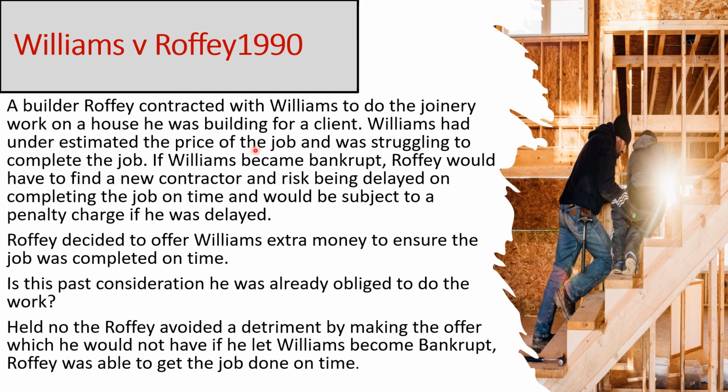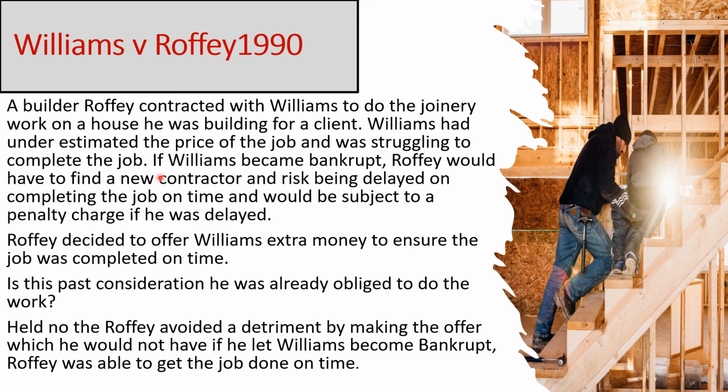Williams had underestimated the cost of the work, and he was struggling to complete the job. Now, Roffey knew that if Williams became bankrupt and couldn't complete the job, Roffey would need to find a new joiner and risk a delay while the job was completed, which he couldn't afford.